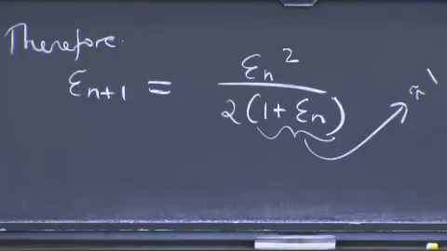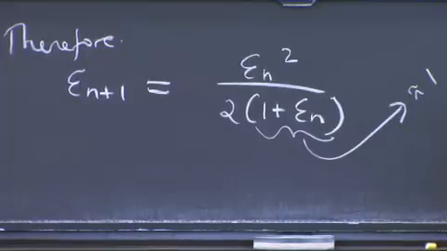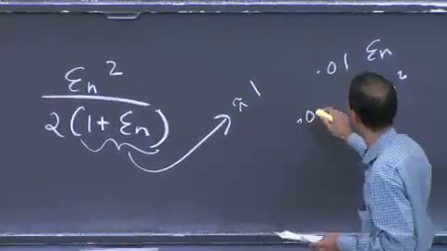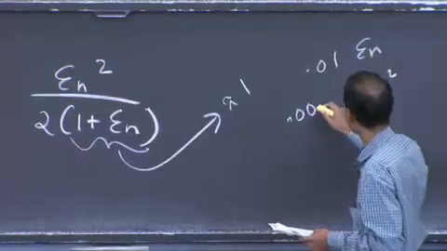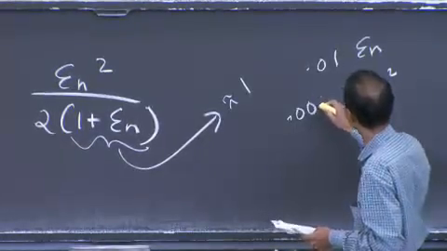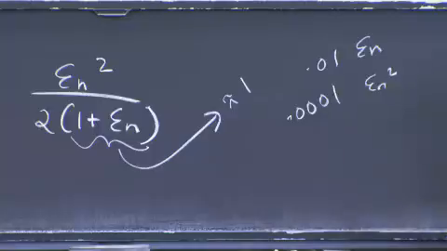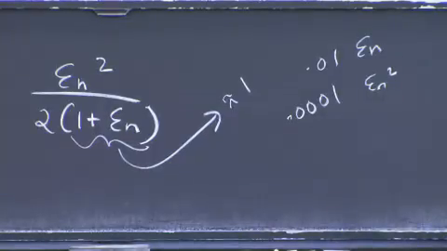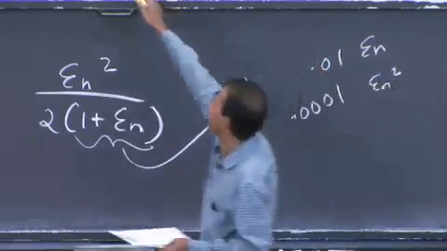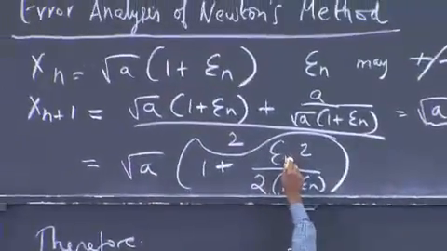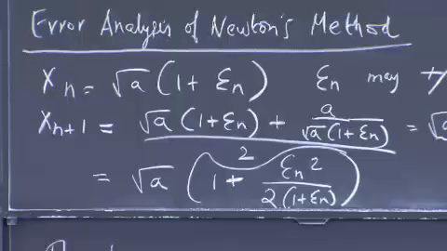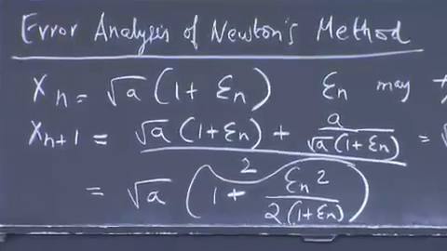And so if you have something like a 0.01 error at the beginning, epsilon n squared is going to be 0.0001. So that's where you get the quadratic rate of convergence. Okay? So it really comes from this relationship, the relationship of epsilon n squared to epsilon n plus 1. Any questions about this?